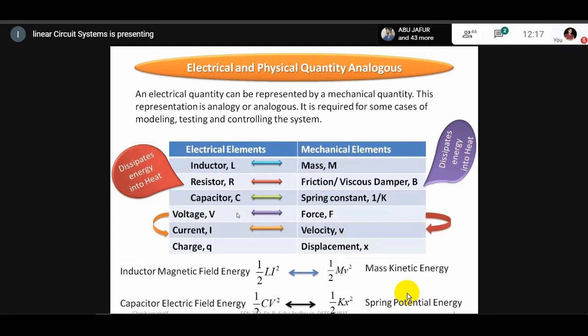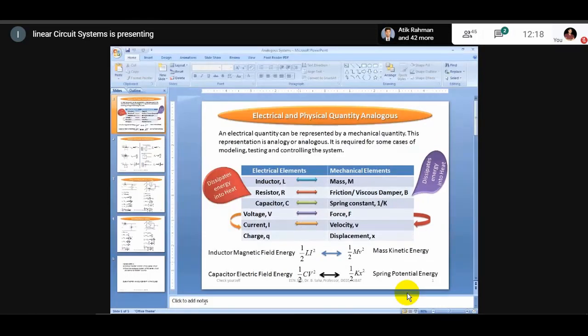Sir, in a car, it is the ECU. Electrical circuit where we can control the mechanical components of the car. Yes. You see the battery; there is a battery. The battery is the electrical component in a vehicle, right? Yes, sir.